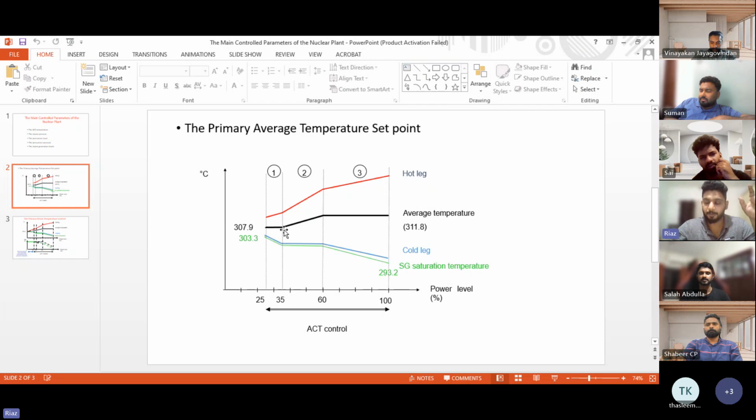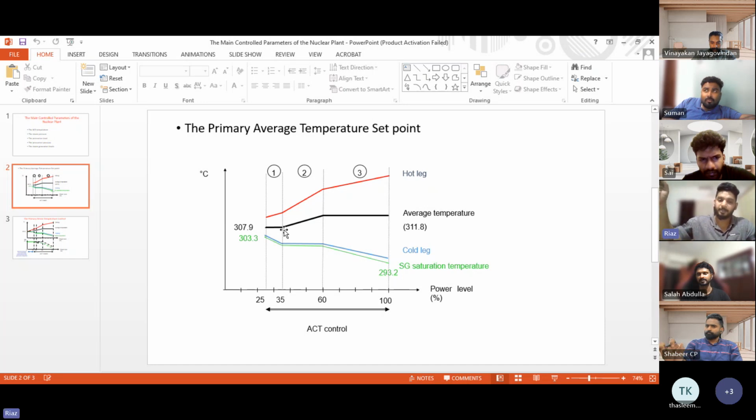Whatever output we need from the generator will be directly proportional to the thermal power the reactor produces. If the plant operates at greater than 25% of its full power, it is in ACT mode. So what ACT mode means is that whatever the generator is producing is directly proportional to the reactor. It can be equal.